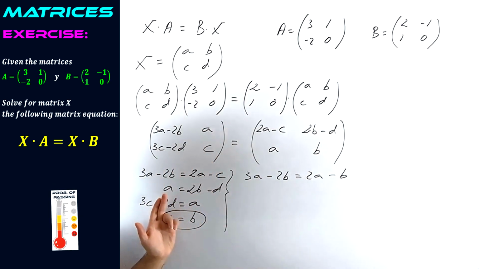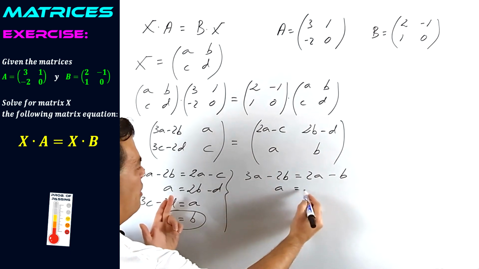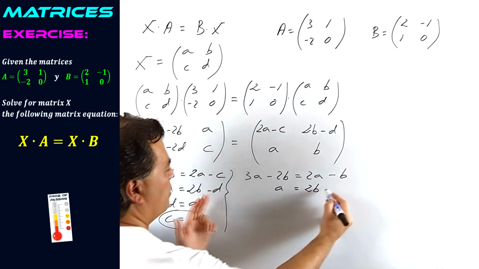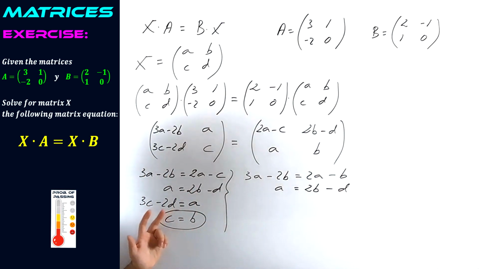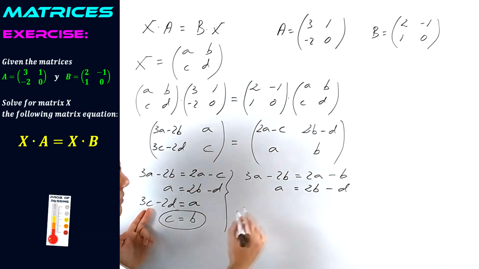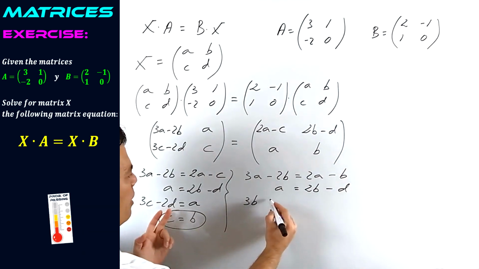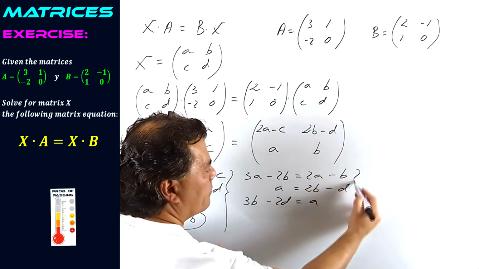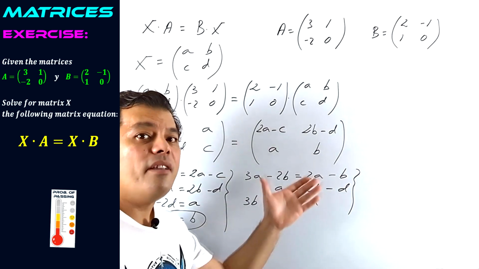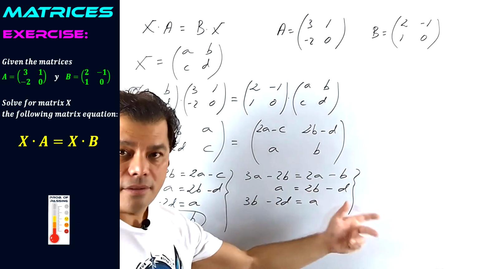Second equation, A equals 2B minus D. And third equation, 3C, or better, 3B, minus 2 times D equals A. And now it's time to clean it up and go on.